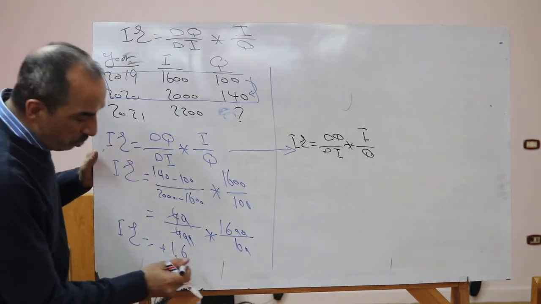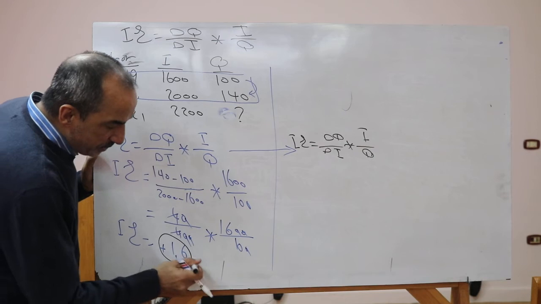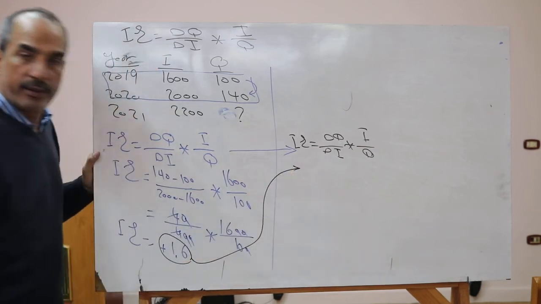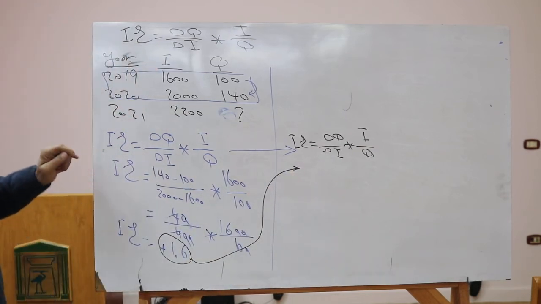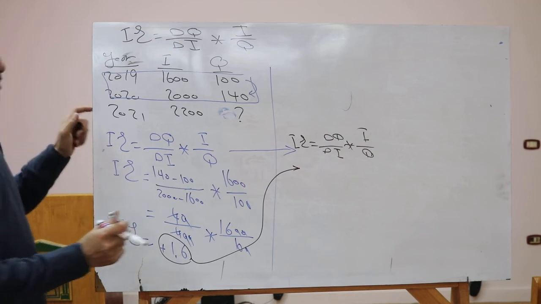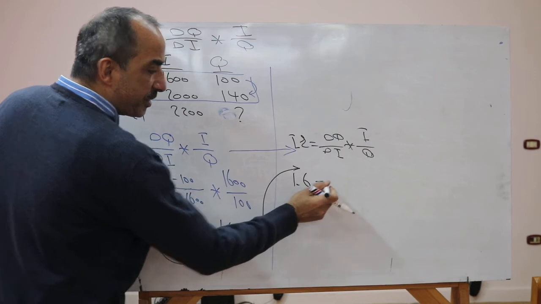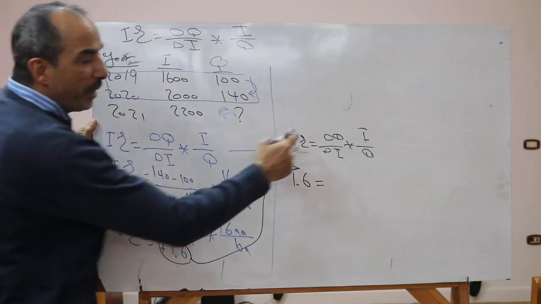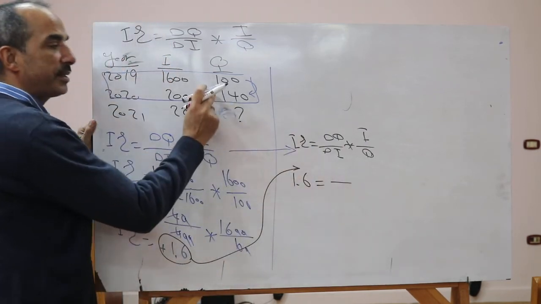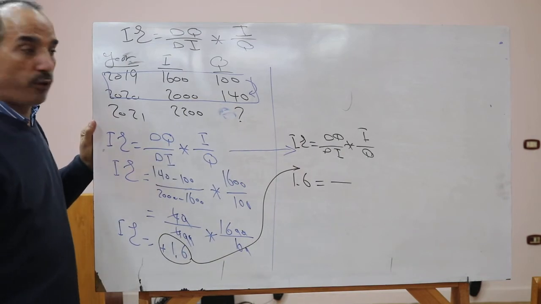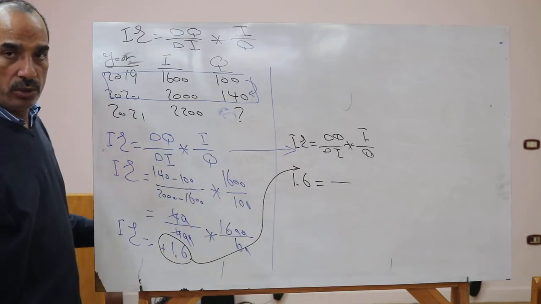This is the difference between two ways. Income elasticity is 1.6, equals change in quantity, the quantity before change 140, after change I don't know.